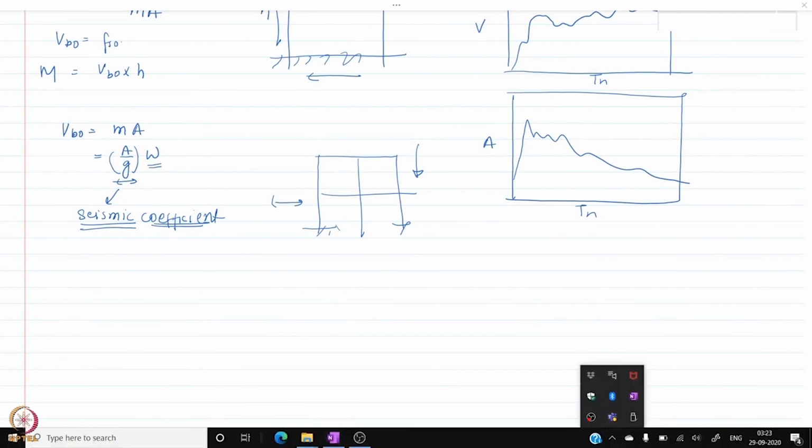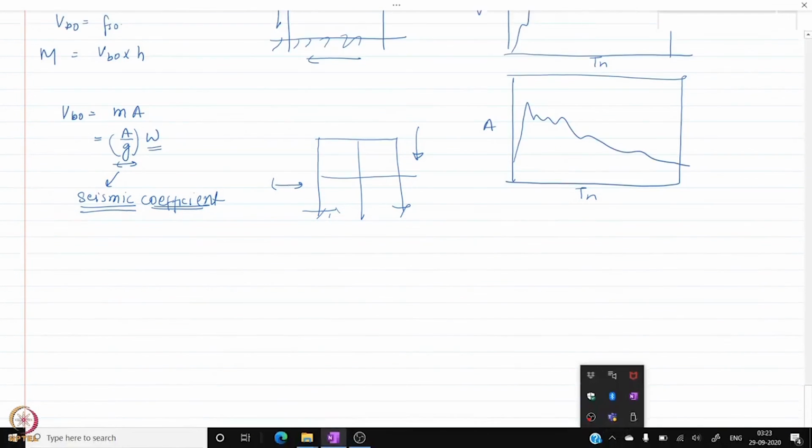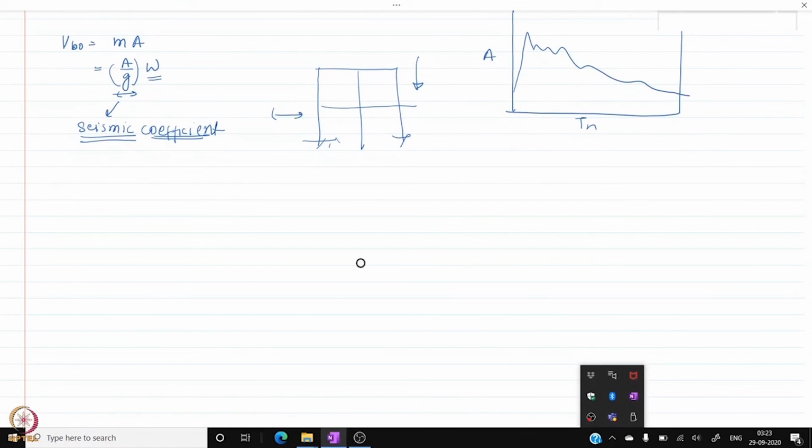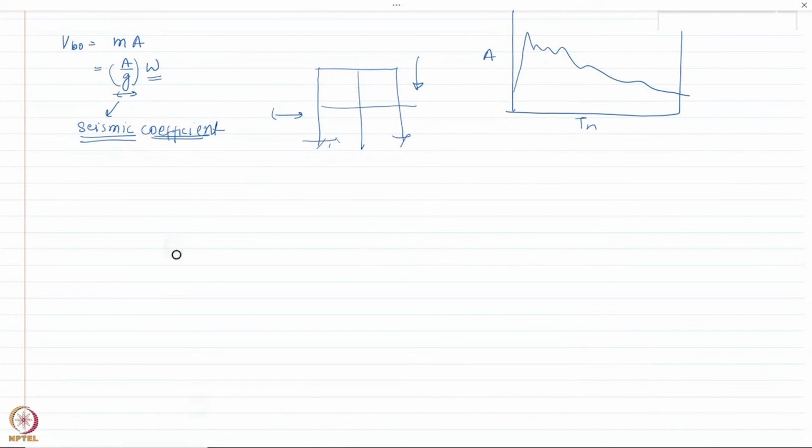So initially, they started the design such that they would take a certain percentage of the seismic weight, let us say 10%, and apply it laterally and design the structure for that. And even to this date, that method is reasonably accurate. Even if you design a structure for, let us say, 10% or 20%, even if you do sophisticated seismic analysis, your results come out to be somewhat closer.